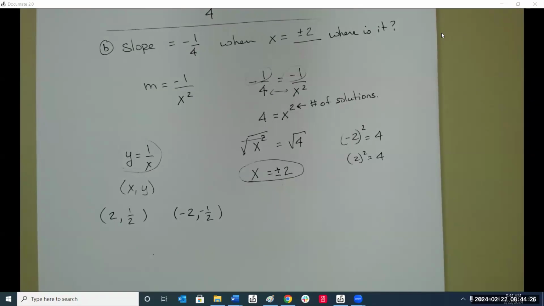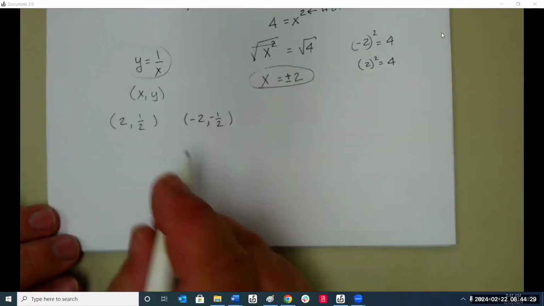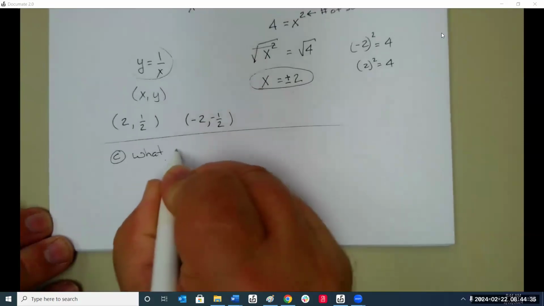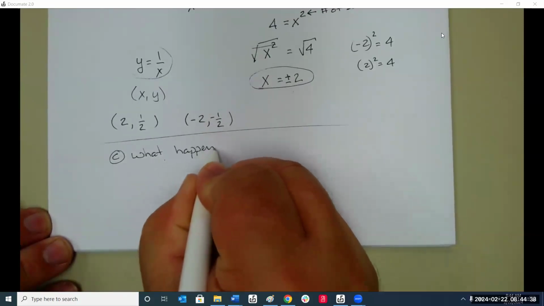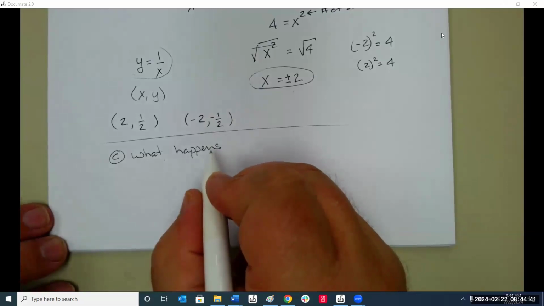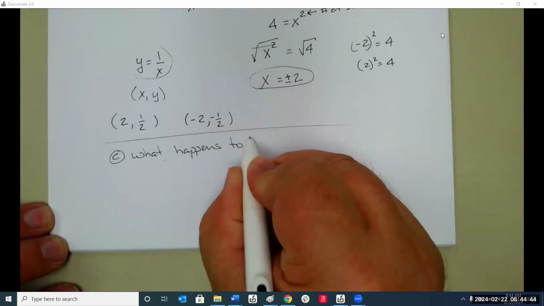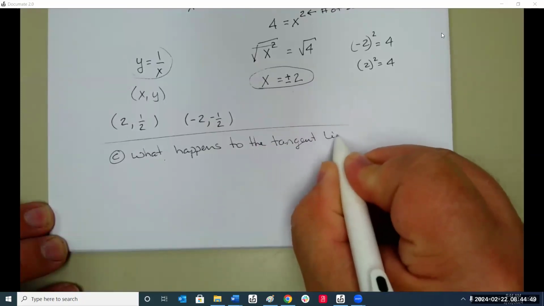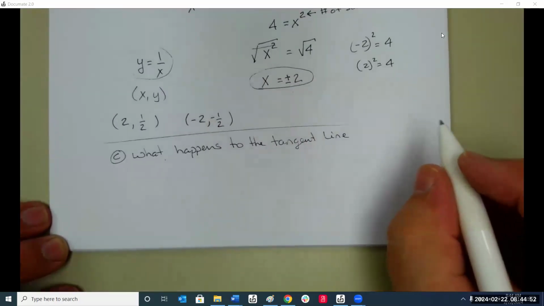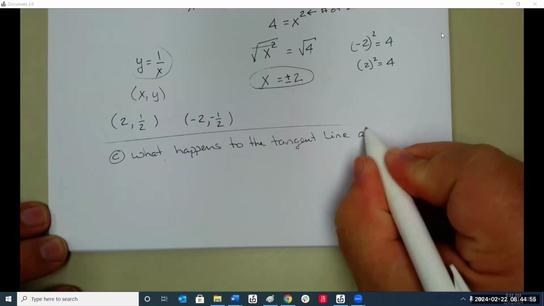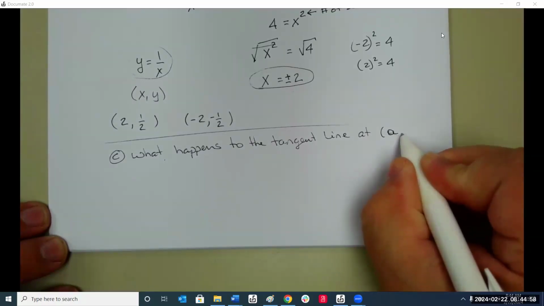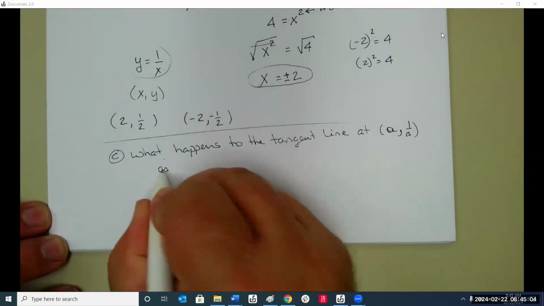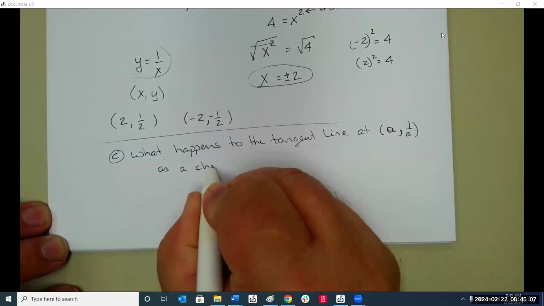Yes and no. C is, what happens to the tangent line at a, 1 over a, as a changes.